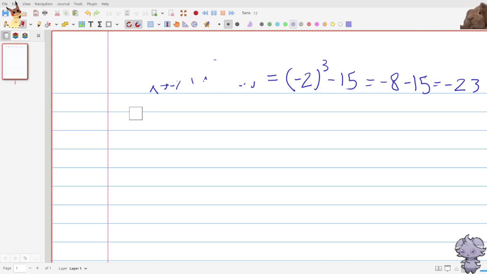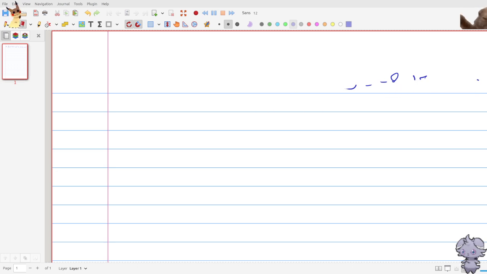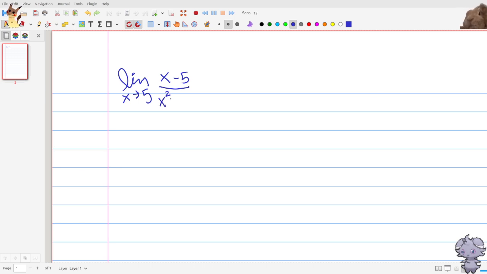Okay, let me erase it. Now the second limit, as x goes to 5, of x minus 5 over x squared minus 25.